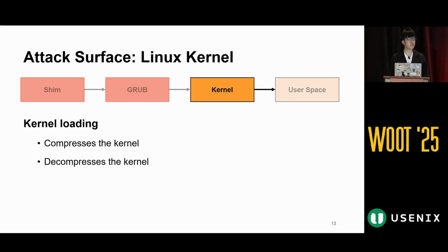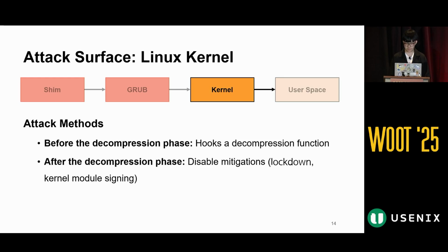During the kernel stage, core services such as the init process and security policies are initialized. On Linux, the kernel boots in two steps. First, the compressed kernel image is loaded into memory at boot. Then the kernel decompresses that image before executing it. These two steps are mapped into different memory regions.